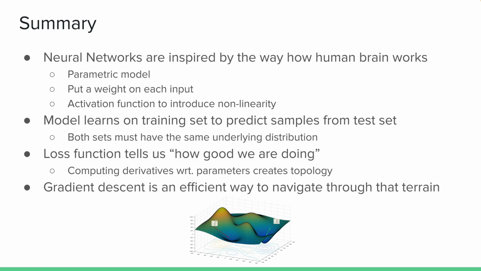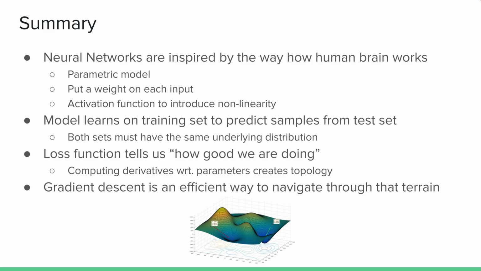Summing up, neural networks are inspired by the way the human brain works. They are parametric models where you put a weight on each input, and we have the so-called activation functions that introduce some nonlinearities to provide some separation between the layers, because otherwise all the matrix multiplications would just collapse into a single one.